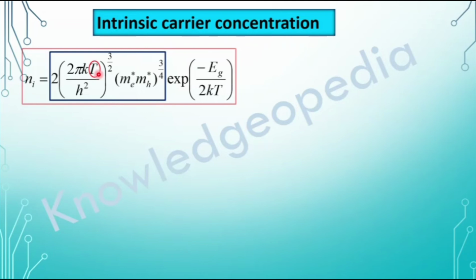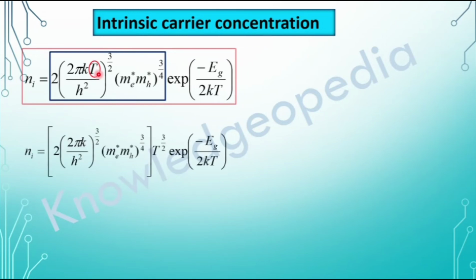So, separating the constants and variable, the expression for intrinsic carrier concentration can be modified as this 2 into 2 pi k by h square, because I am taking this t separately. So, it is only 2 pi k by h square whole to the power 3 by 2 m star mh star whole to the power 3 by 4, and this t and power is 3 by 2 that I have taken separately.